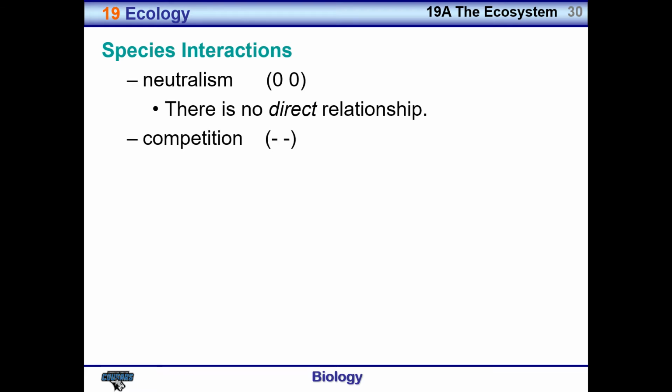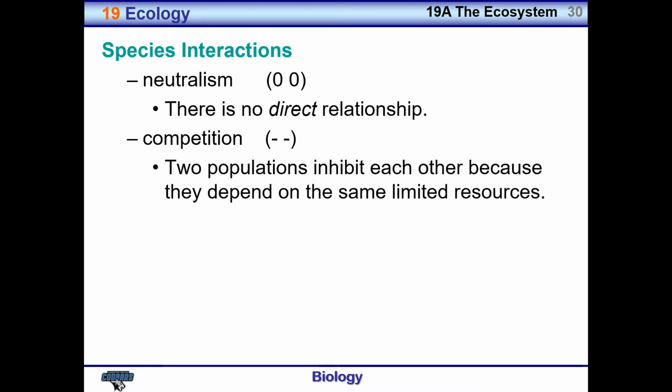Another kind of interaction is one of competition. This would be where we have animals that inhibit each other because they're depending on the same resource of some kind. That could be they maybe eat the same food.